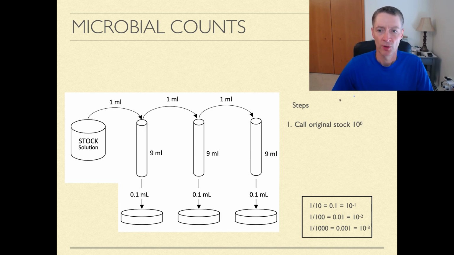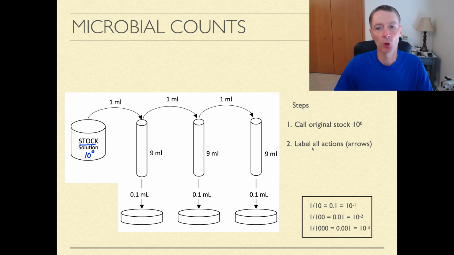Here in this problem, they come right out and tell you this is the stock solution over here. As soon as I find that, I want to label the stock solution, and one way to label it would be 10 to the 0. This has not been diluted at all, and that's what we want to find our concentration of. So first step, find the stock solution or original stock or whatever it is and label it 10 to the 0.